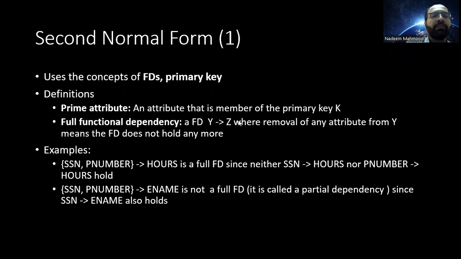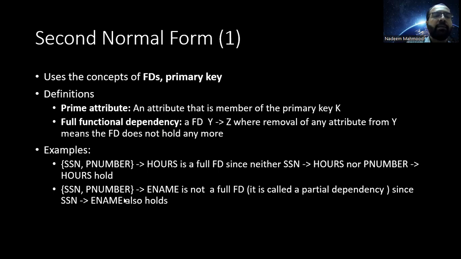Wherever we have this concept, full functional dependency, remember that we mostly refer to a group of attributes which combine together and determine the value of another attribute. The value of the attribute must depend on the whole set of attributes, not part of it. For example, SSN number and P number determine hours. Both of them determine hours. So hours cannot be found by P number alone or by SSN alone. Hours is fully functionally dependent on SSN number and P number.